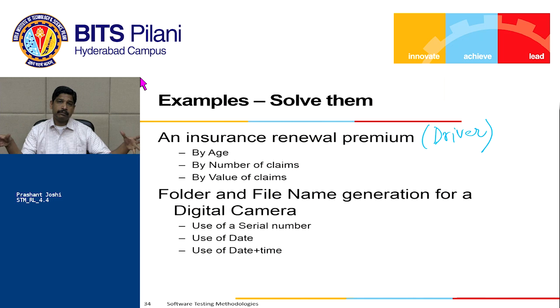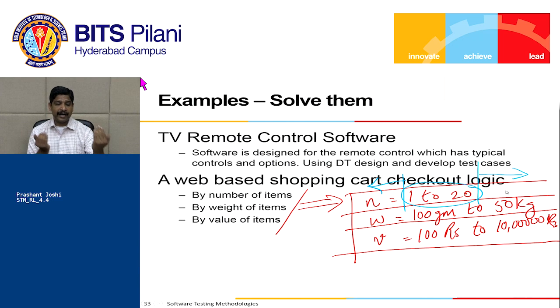But in both these bounds that we have, it is all based on number of claims. If number of claims are higher, we have a problem. Value of the claims also matters. So we clearly see an action-reaction, a cause and effect. Like we saw in our previous example, that there is a cause and effect in case of TV remote control, but web-based shopping cart was not a very convincing cause and effect.